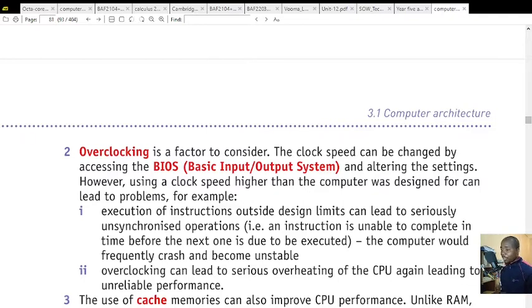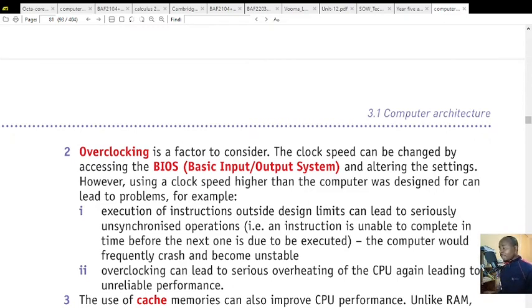Then we also need to look at how overclocking can seriously bring your computer to overheating of the CPU, and that can lead to minimal performance, because normally the CPU is overheated and even the cooling system cannot cool it down.